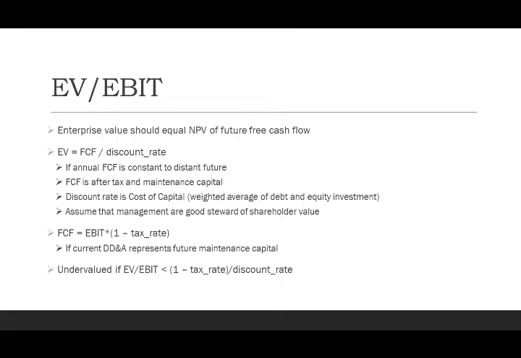So a company is undervalued if its enterprise value over EBIT is less than (1 minus tax rate) divided by the discount rate. That's why EV over EBIT can be used as a valuation metric. Next, I'm going to look at several companies in my portfolio and their EV over EBIT to see if they are overvalued or undervalued.